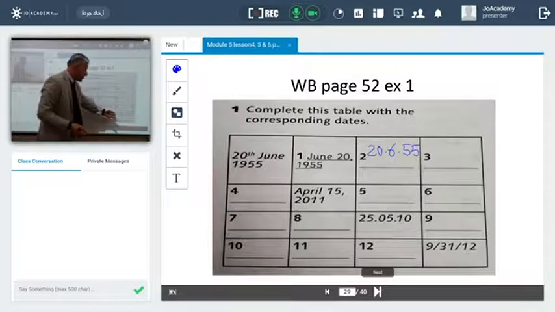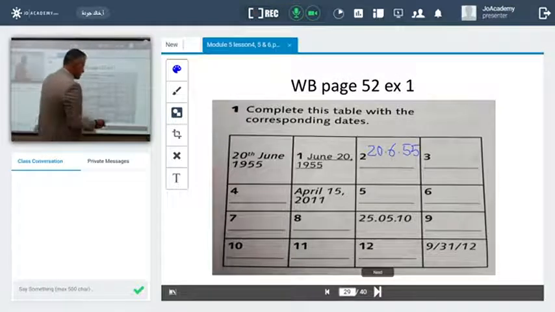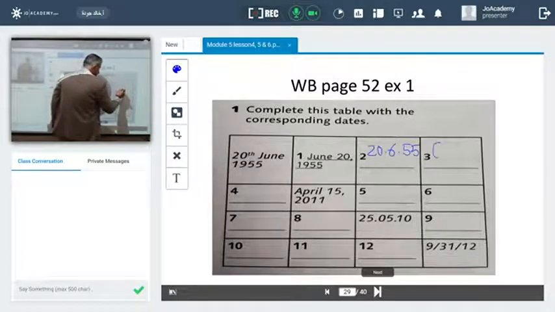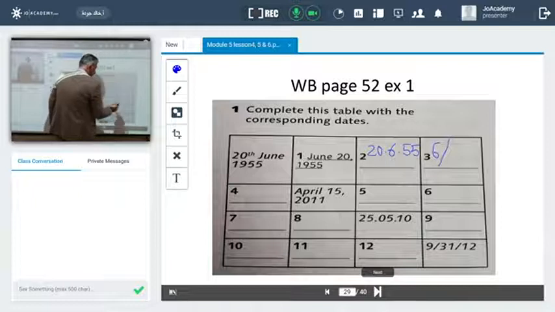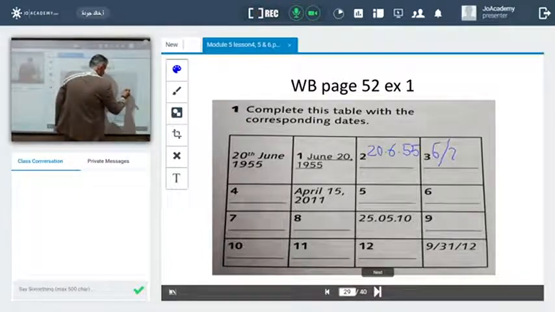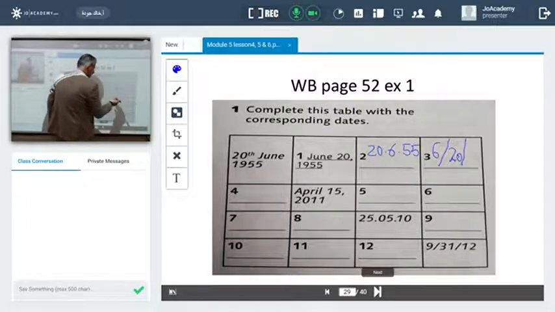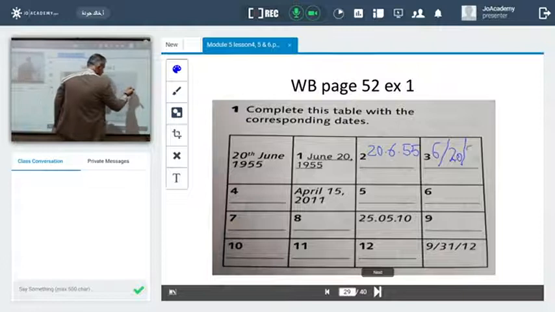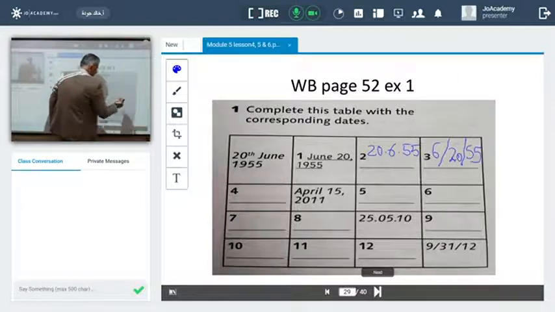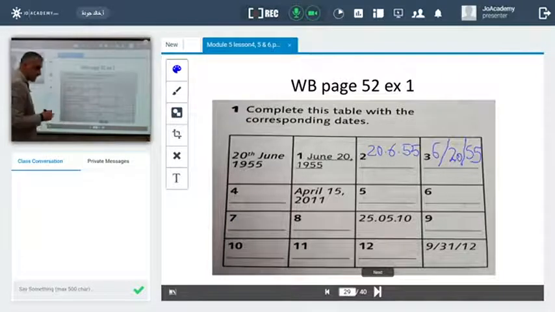I can write also the same way here. Here they started with the month. So here I will write 6/20/ and the year is 55. The same way.